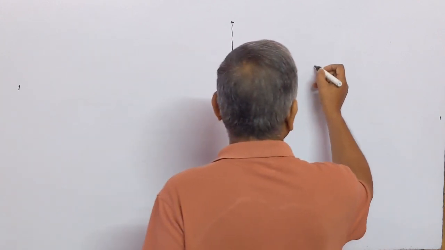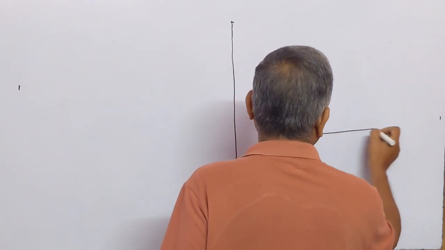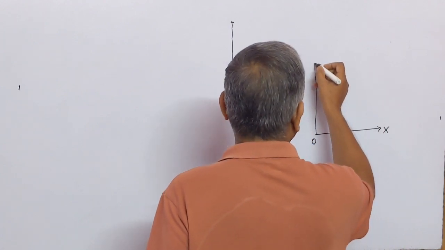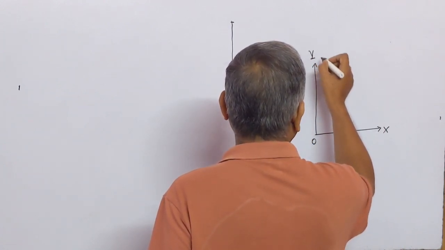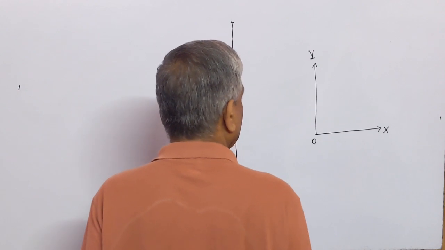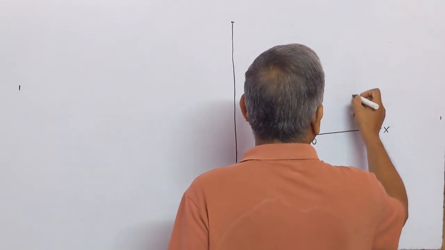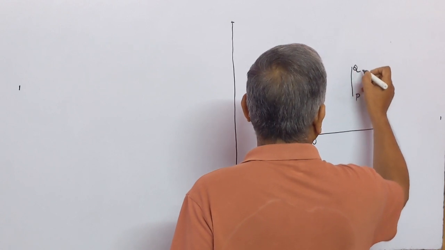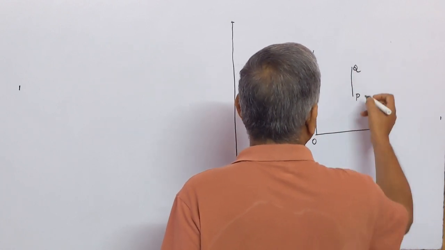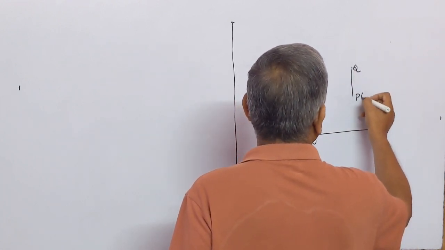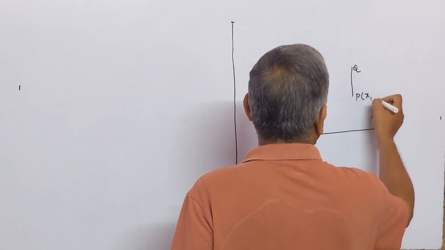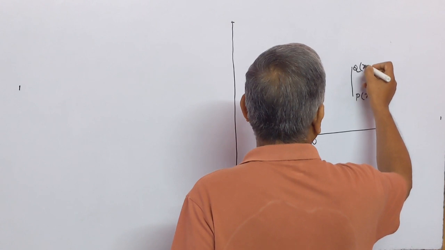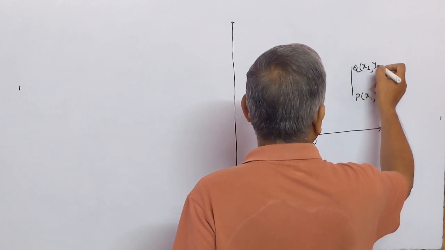Let OX be x-axis and OY be y-axis, O be the origin. Let PQ be a straight line parallel to y-axis. Coordinates of P be x1, y1 and coordinates of Q be x2, y2.